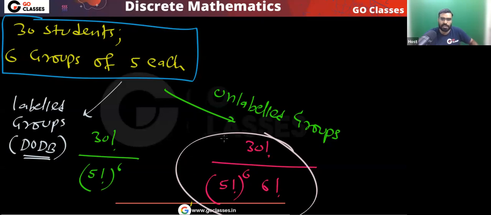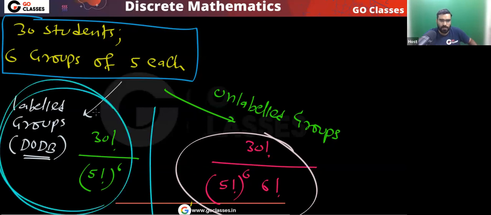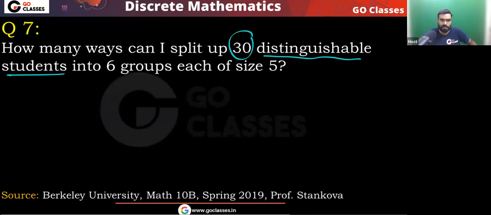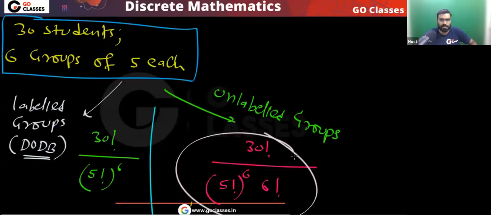So this will be the answer. You need to understand both of them. Did you understand the case when you have labeled groups, and the case when you have unlabeled groups? When you have unlabeled groups, then this is your DOIB template.